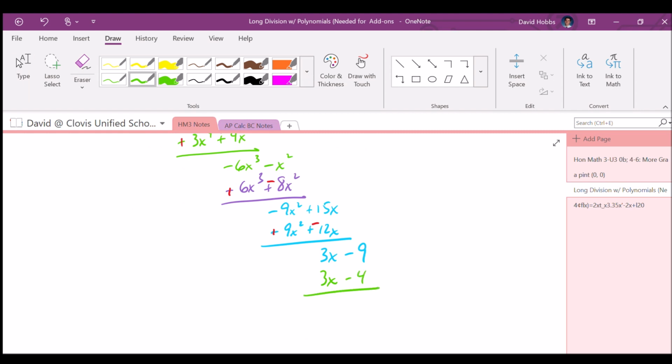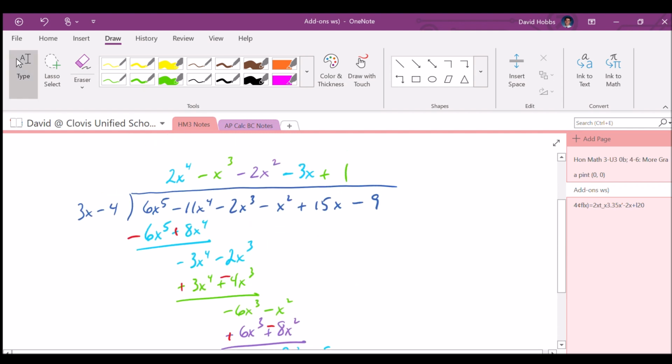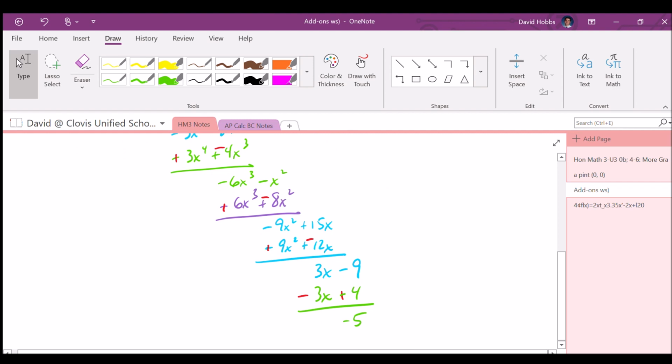And grab our alternate color and distribute that negative. Okay, first terms eliminate, and I'm left with negative 5. Now, by the way, I know I'm done because 3x does not go into negative 5. So what is negative 5? Negative 5 is the remainder.